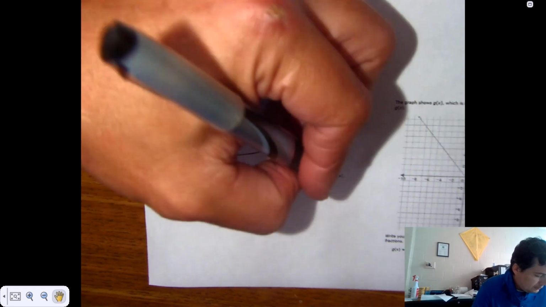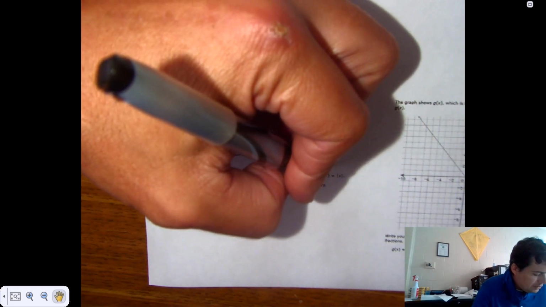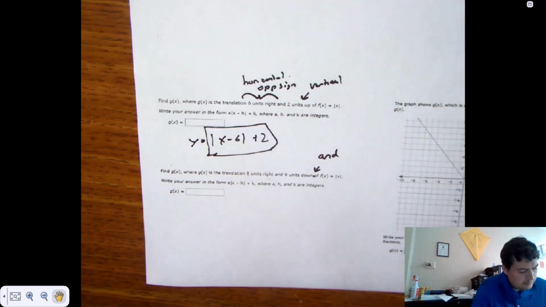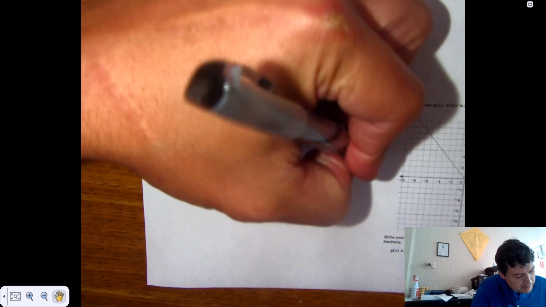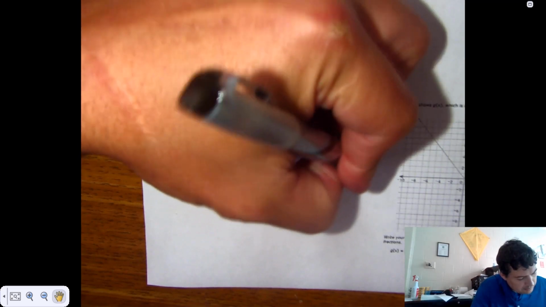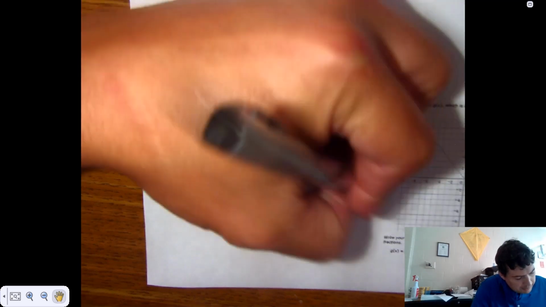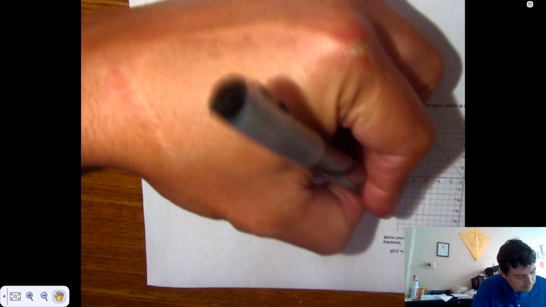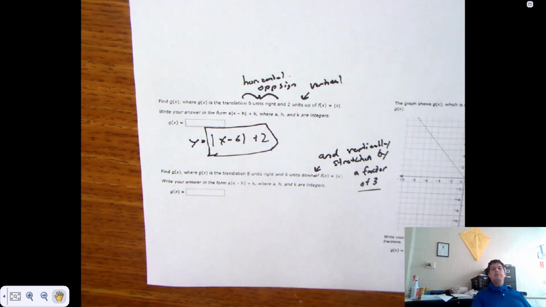And let's add in a piece: 8 units right, 9 units down, and, need wording here. Thing is, I didn't write the IXL stuff. And we'll say vertically stretched, because this is how we usually talk about things, by a factor of 3.